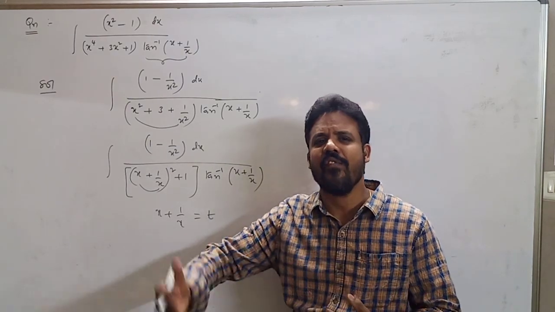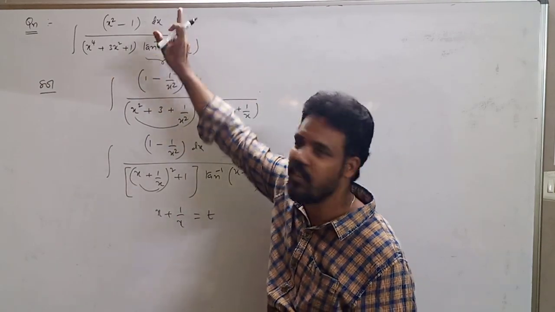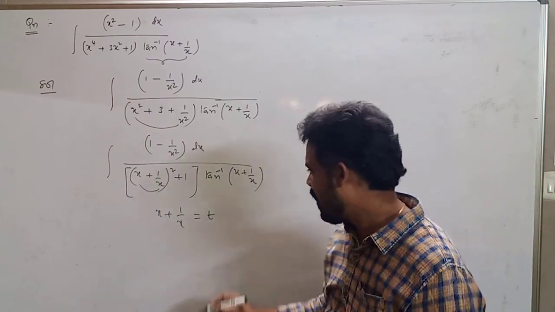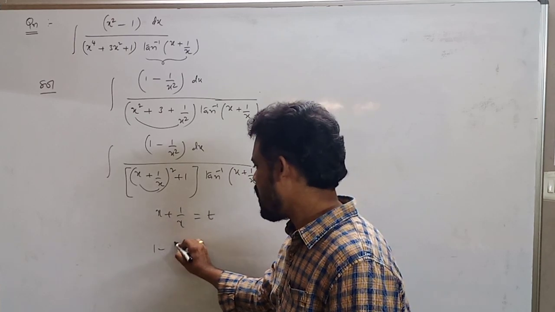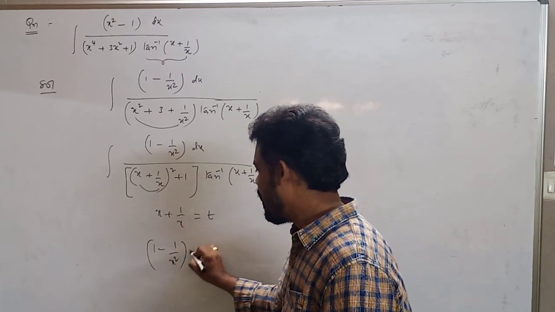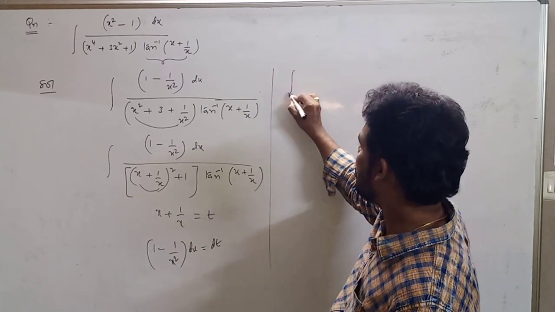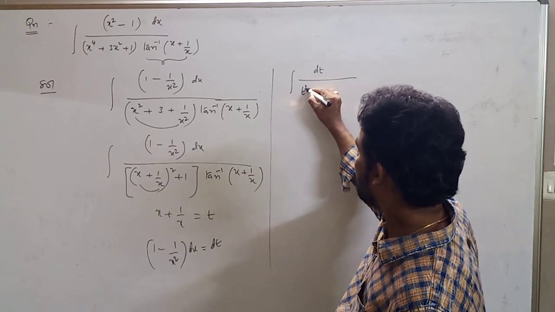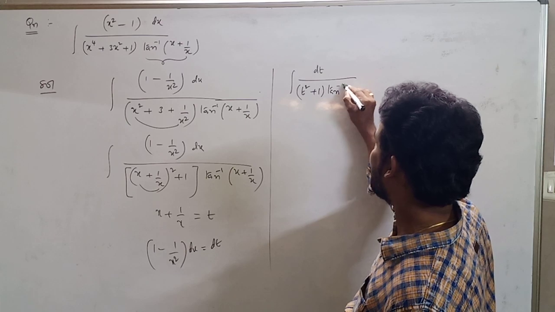But if you think differently, if you keep the whole thing including tan inverse as t, it also works. If you don't get the idea, you go according to the process. Now, the derivative of x is 1 and of 1 by x is minus 1 by x square, so 1 minus 1 by x square dx is equal to dt. That means this is dt by (t square plus 1) into tan inverse of t.